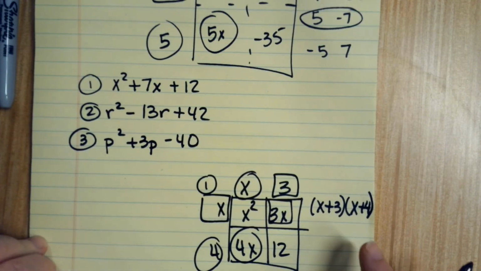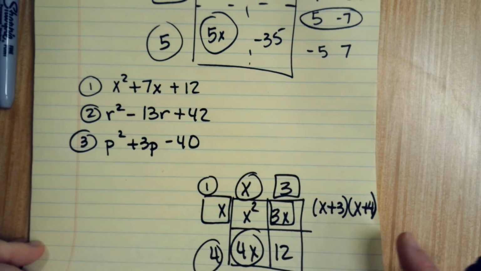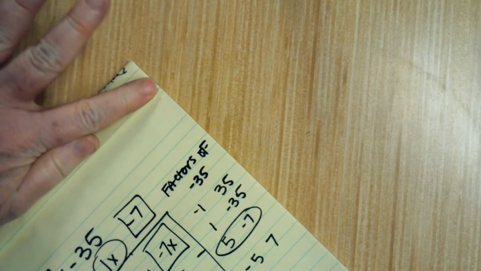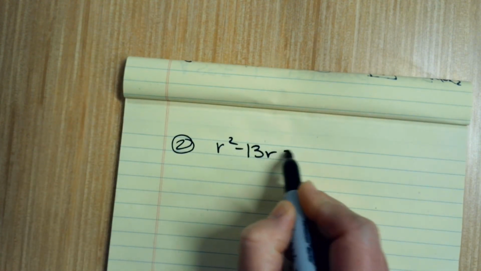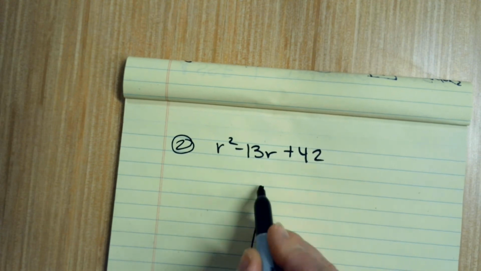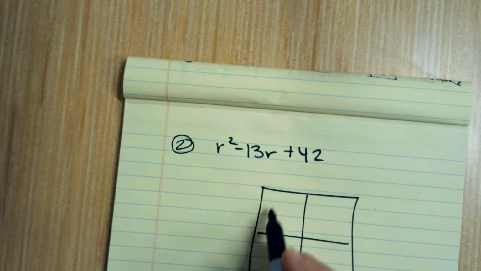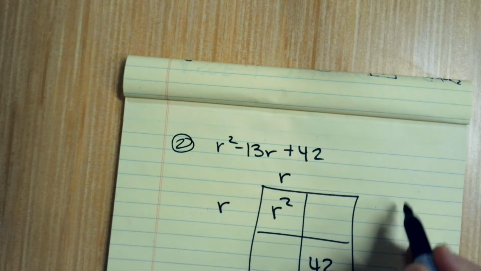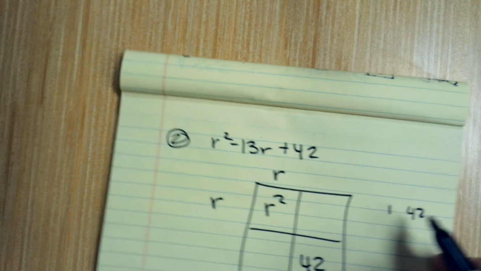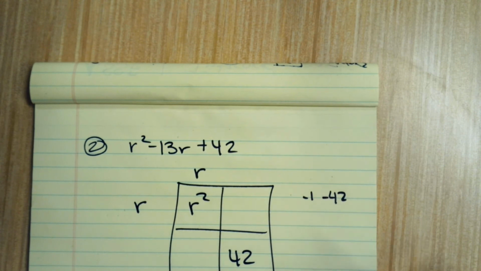Here's problem 1 worked out. It's x plus 3 times x plus 4. Problem 2, factors of 42 are 1 and 42. Actually, they're both negative this time because that middle term is negative.